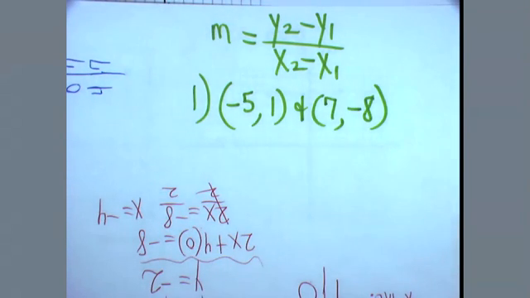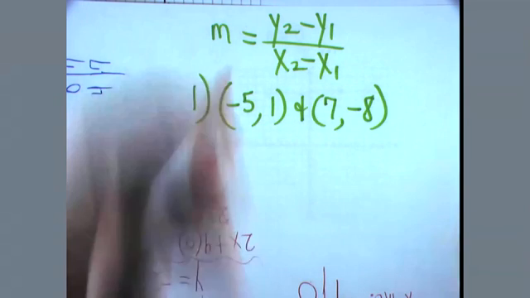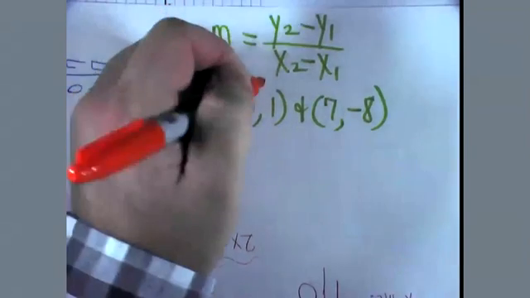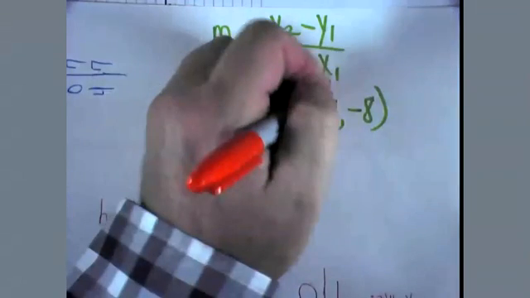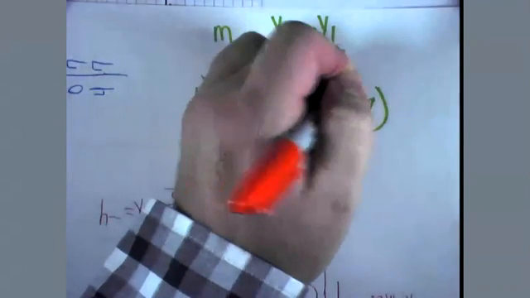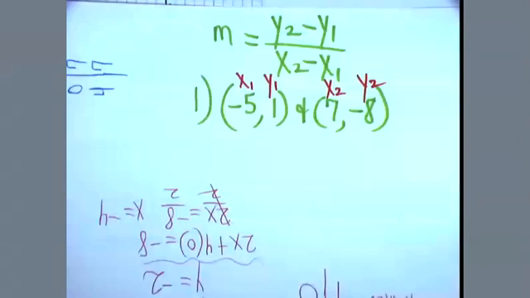The first step is to label your order pairs. I just think of my first order pair as my first X, or X sub 1, and my first Y coordinate. And my second order pair as my second X, or X sub 2, and my second Y coordinate, or Y sub 2.